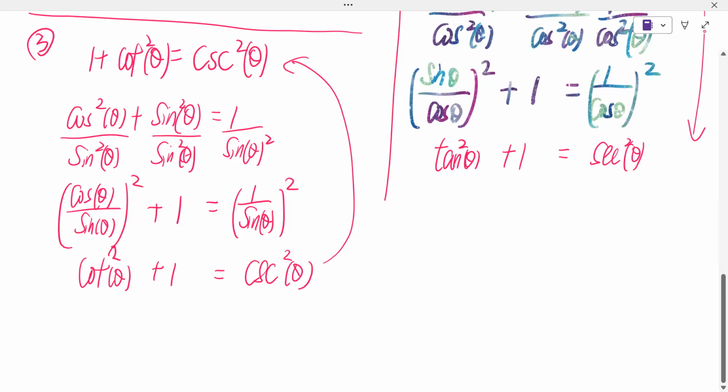So this is also a very important property, and sometimes we use it to simplify trigonometric expressions. And also we have the even-odd identities, right? Even-odd. So sine negative theta.